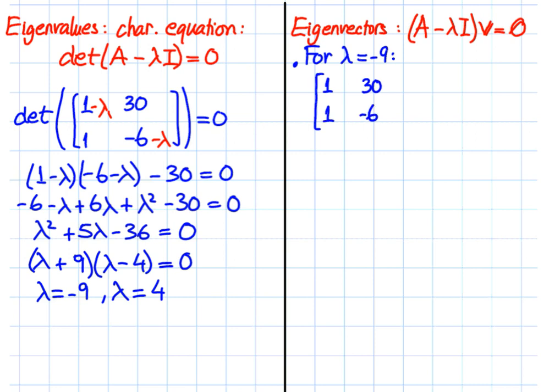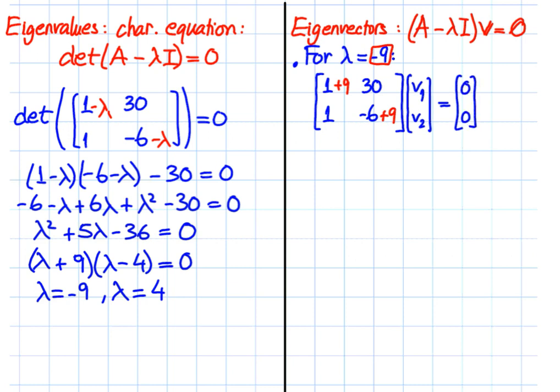We subtract lambda on the diagonal. Minus negative 9 is a plus 9. We take that matrix times the vector v. We can just say v1, v2 if we want to, equal to a 0 vector.